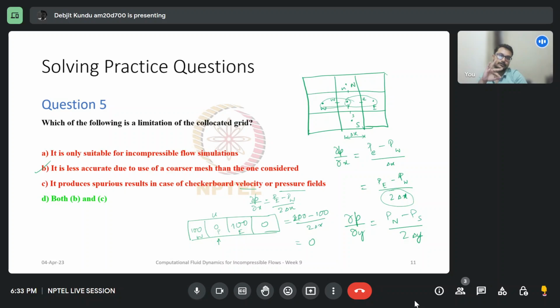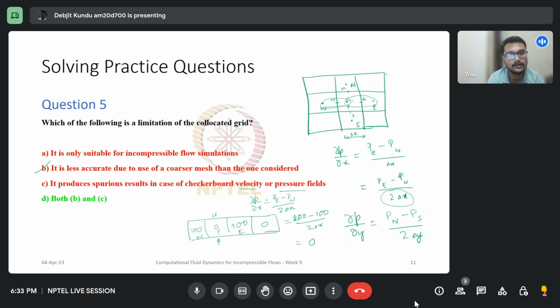And similarly, we can reverse the situation where we have a velocity field like this. That won't in turn affect the pressure field. So this kind of phenomenon is known as decoupling. Here pressure and velocity are not communicating with each other, they are getting decoupled, and that is undesirable because that leads to wrong solutions.